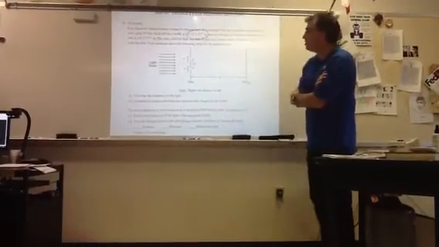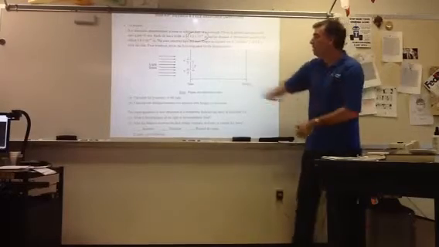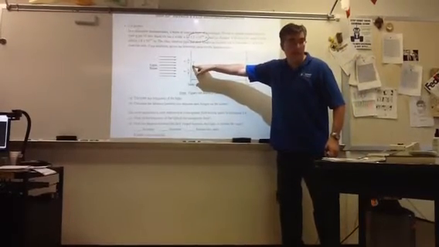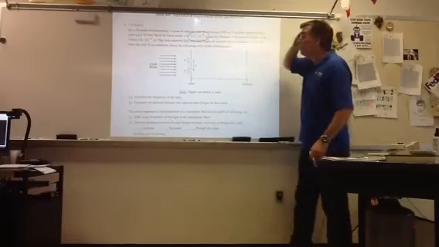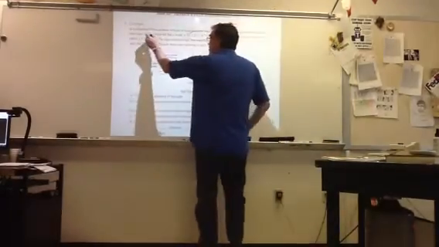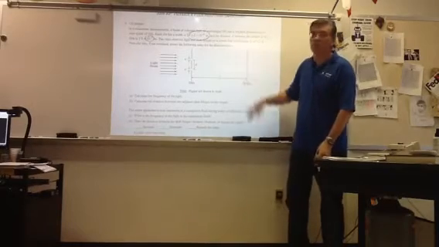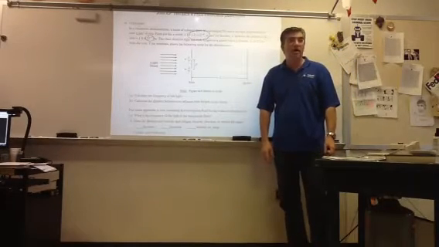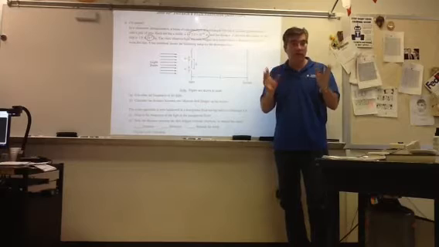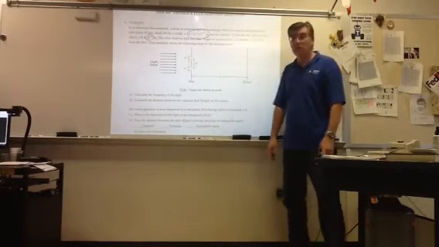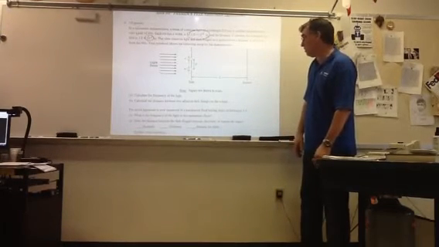Possibly. Do you think this angle is going to be pretty small? In this drawing, it doesn't look very small, does it? But look at the difference between the slits, 1.8 times 10 to the negative 5, and this is 2.2 meters. This is a case where it's going to make a really small angle, isn't it? So you can use a small angle approximation in this situation.